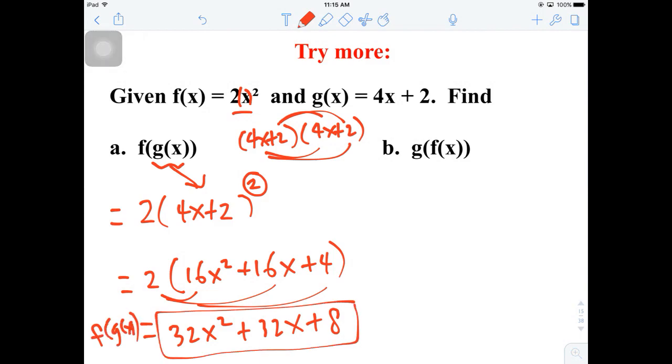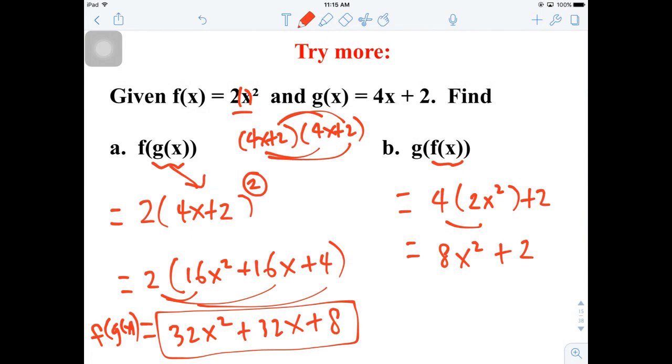And there it is. Next, we have g of f of x. We're going to enter again by substituting parentheses for the x. And we're going to substitute f of x equals 2x squared inside. And now this one, we're just going to distribute, actually just multiply 4 times 2x squared, which is 8x squared, plus 2.